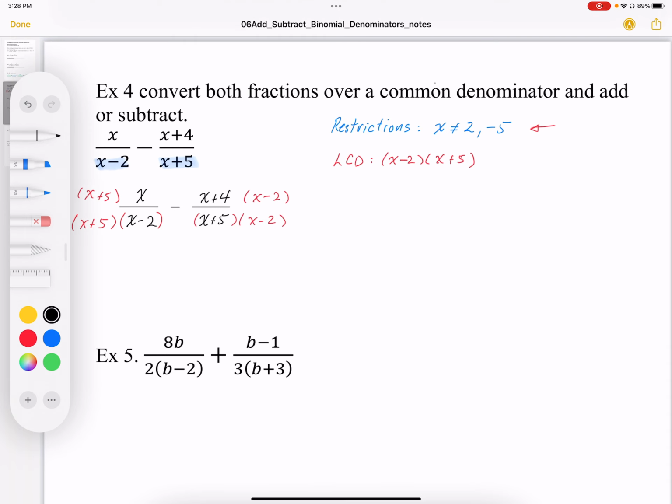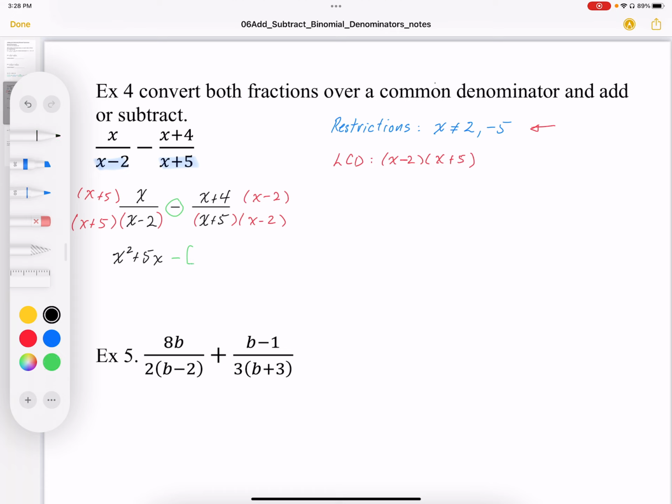Now we have to be very careful with this subtraction sign here. So I'm going to expand this out. It's going to be x squared plus 5x minus, and that subtraction sign is important because we're going to subtract everything to the right of it. So we need to make sure we group that together.